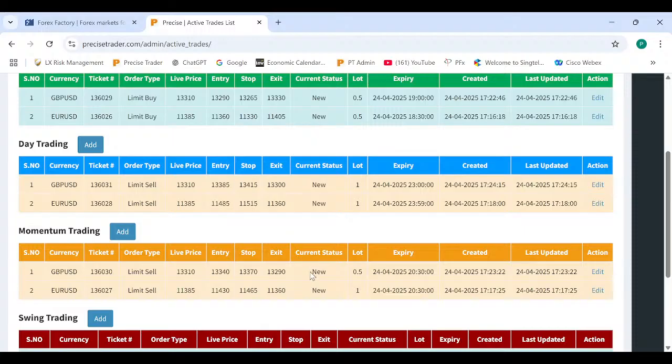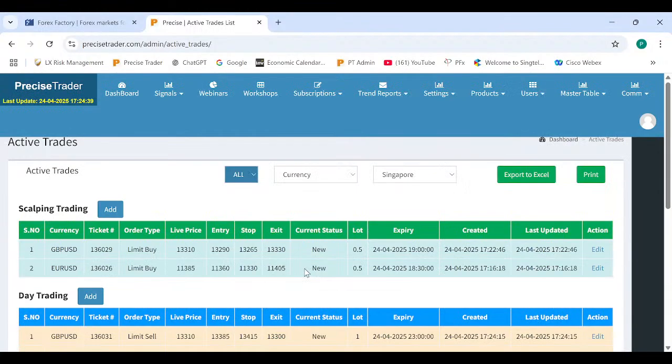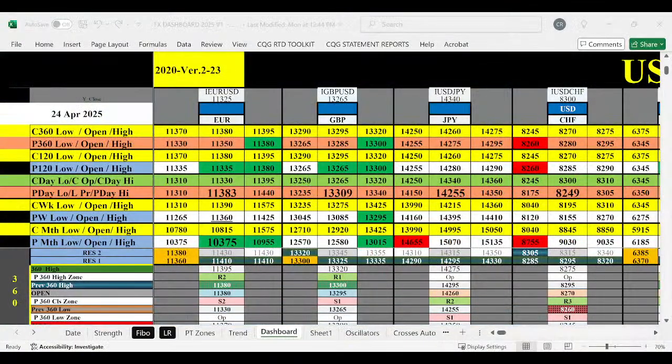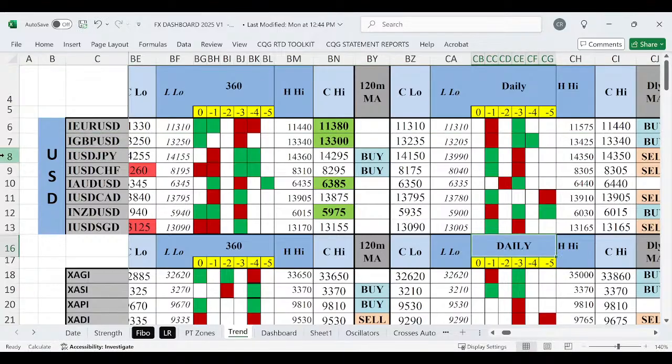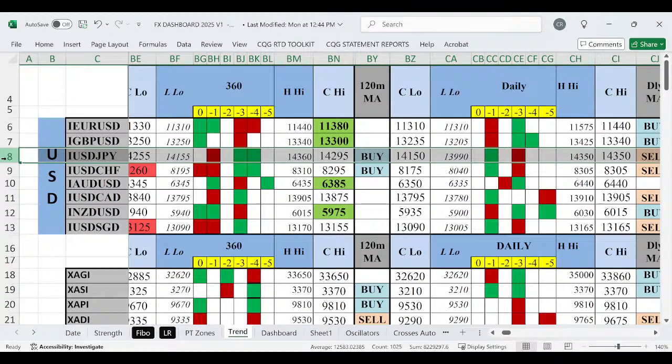So this would be the next signal. Okay, the next one we are going to see is dollar yen, then dollar Swiss, then finally we look into the gold live trade.